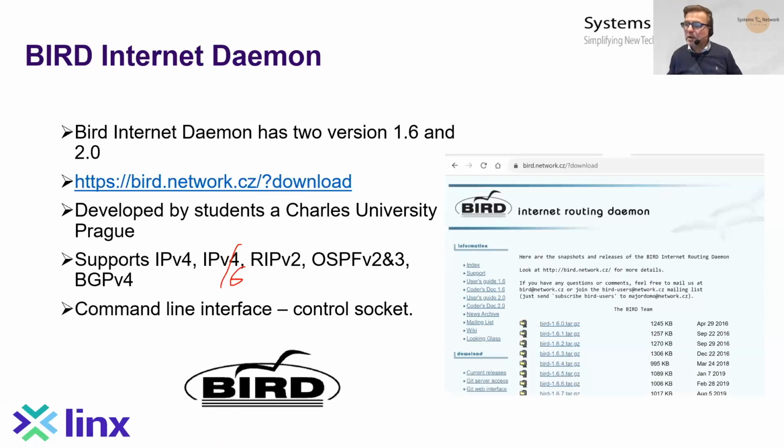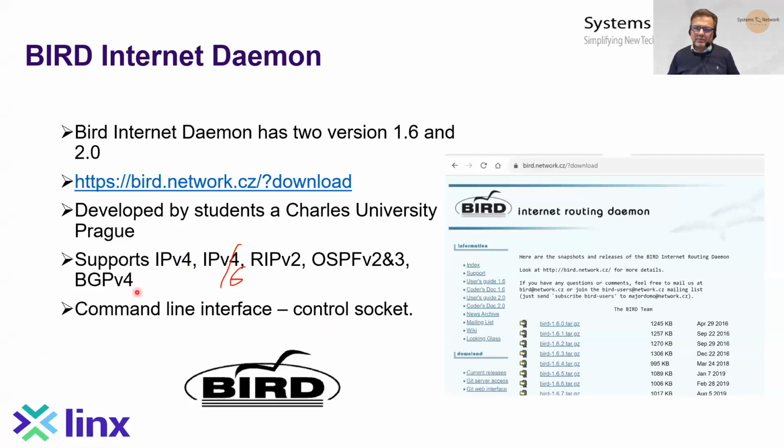Bird has a command line interface, and you connect to the command line interface by what we call a control socket, and I'll be pointing that out to you. So in our situation here, we're just running the IP version 4 of Bird, or we were just looking at the IP version 4 of Bird, just to keep things simple.